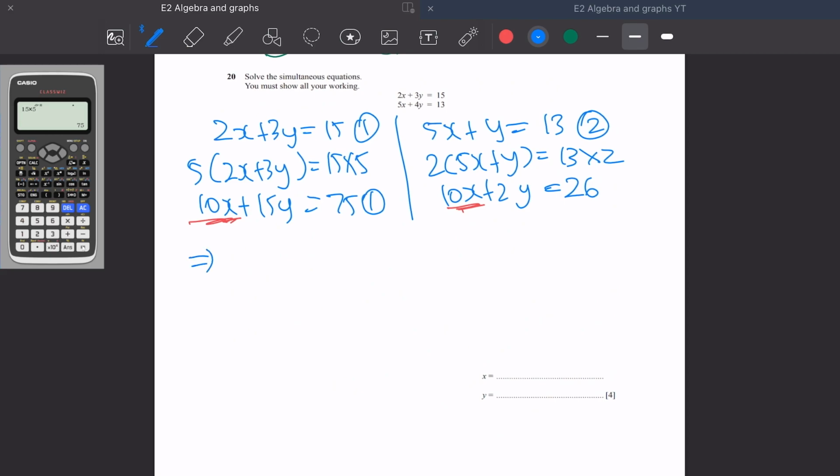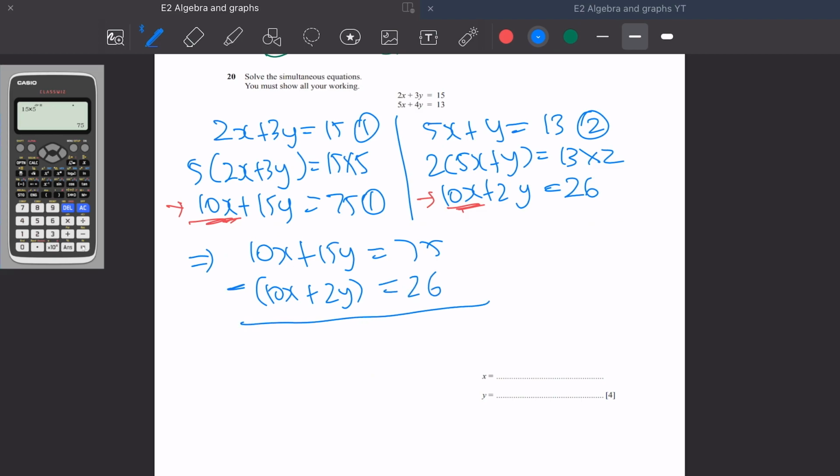So now let's subtract these equations. You get 10x plus 15y is equal to 75 minus 10x plus 8y is equal to 26. Now this cancels off. 15y minus 8y is 7y. 75 minus 26 is 49.